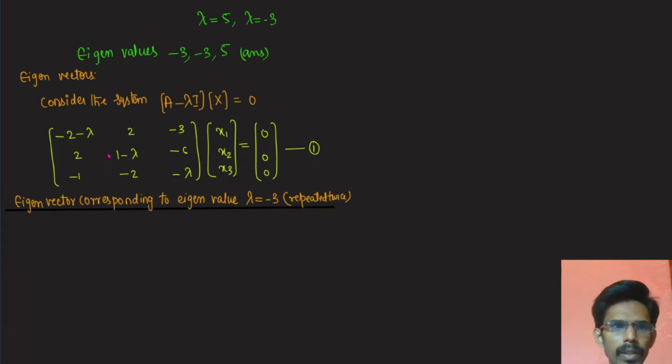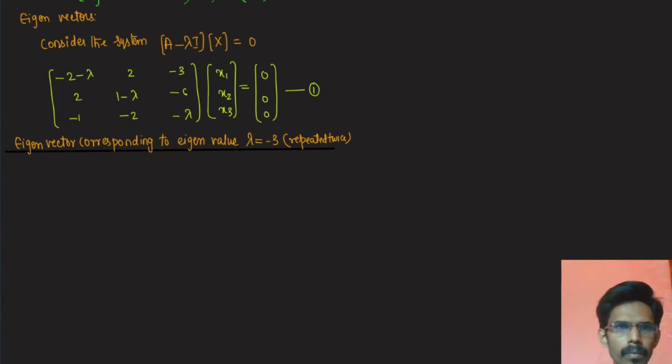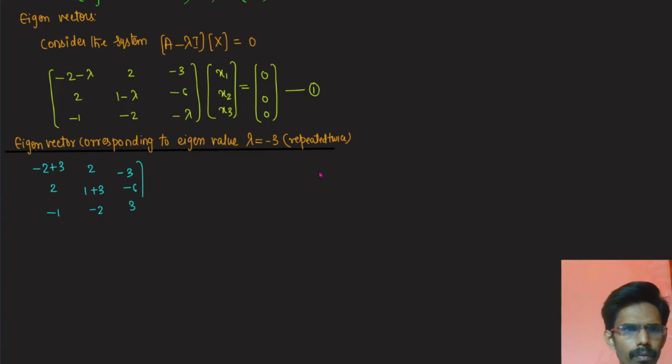So this will become minus 2, minus will become plus 3; 2, 1 minus lambda, minus will become plus, so this will become 4; minus 2, minus 3, minus 6, minus lambda means 3, into x1 x2 x3.